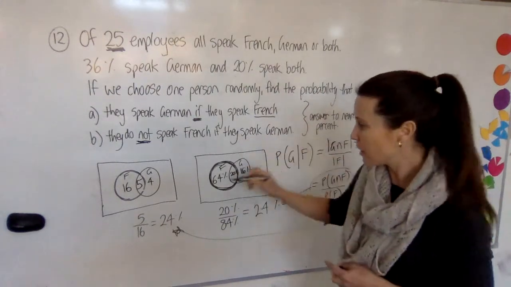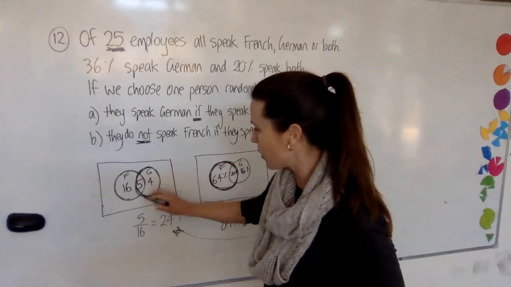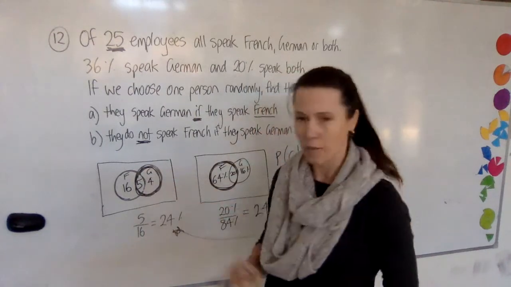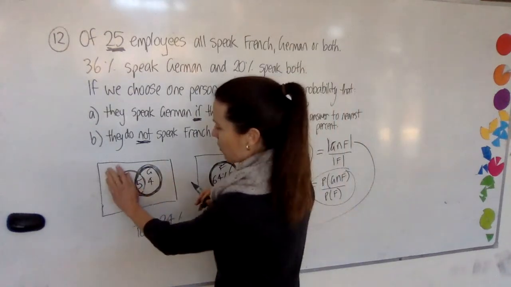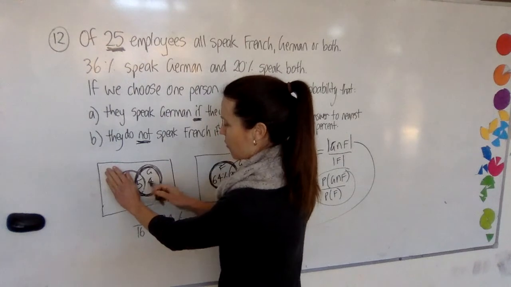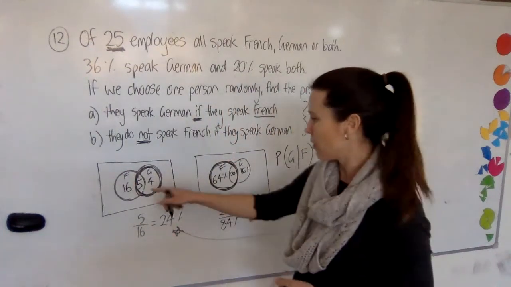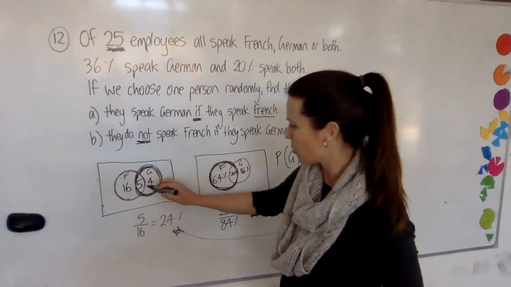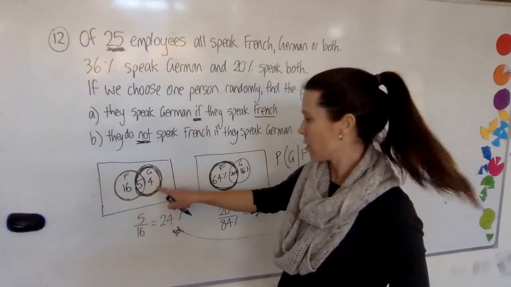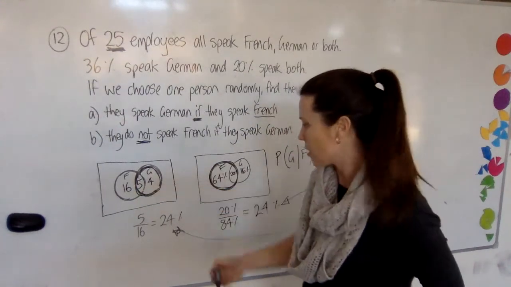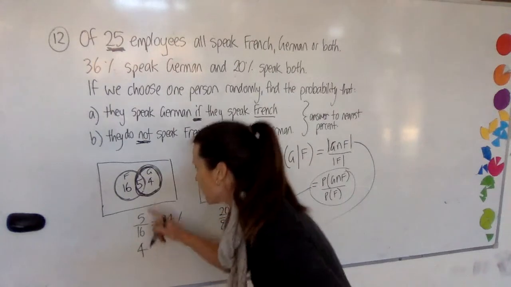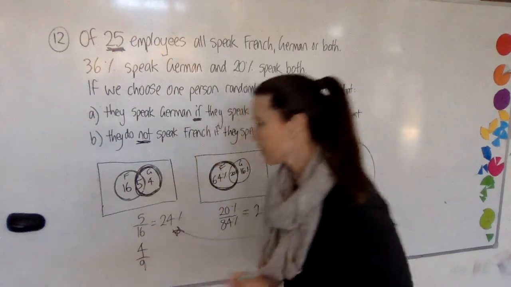So here we're only looking at the German speakers. We need to put a spotlight just on the German circle. If it helps you just cover the other people up and think, well, okay, I've got 9 people there. How many of them don't speak French? Well, these 5 do speak French, so those 4 don't. So for the second part, using this diagram, I'd say I've got 4 over 9.